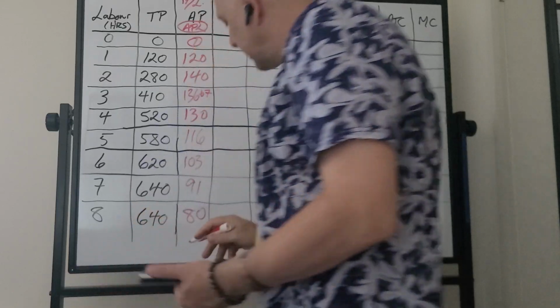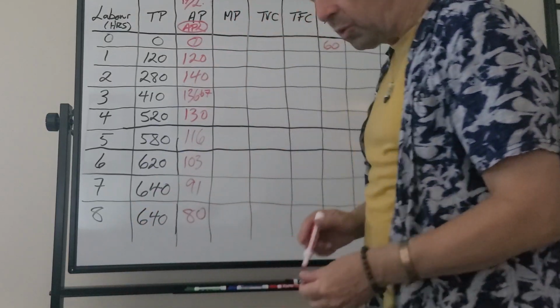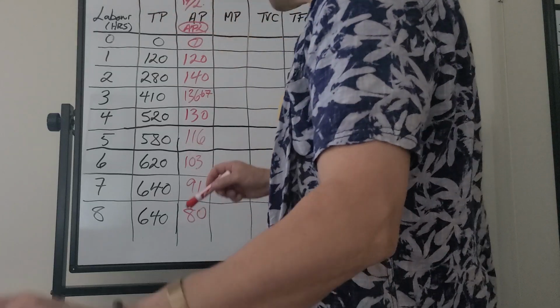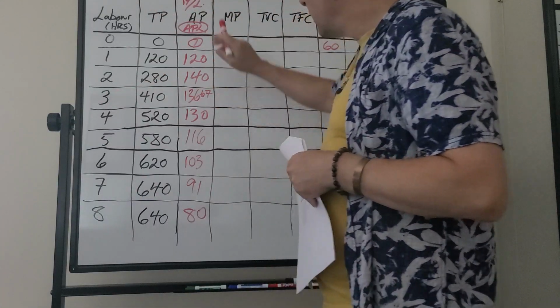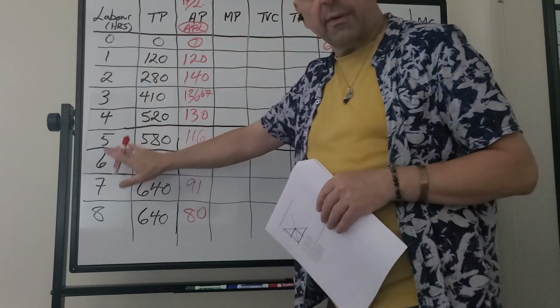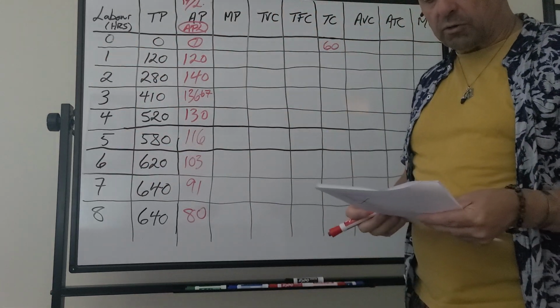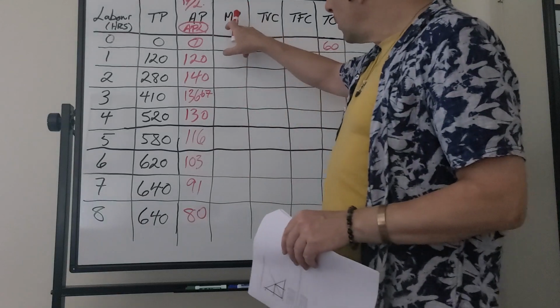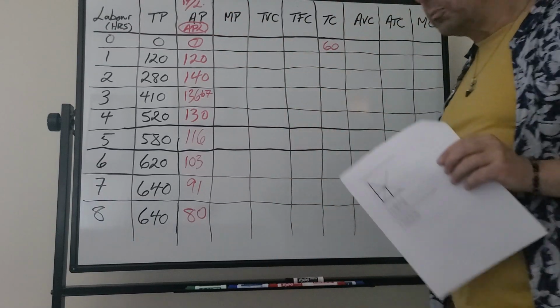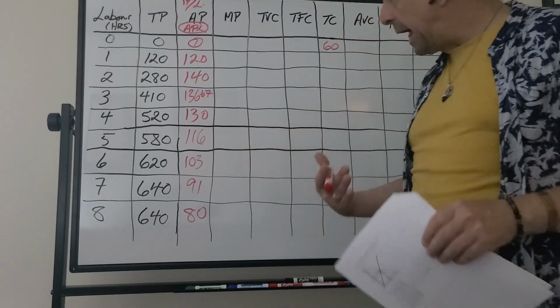So what are we doing here? We're taking our average product, so we're taking the total amount produced and dividing it by the number of labor hours. Now here, we want the marginal product. And if you remember, the word marginal means how much are we adding?